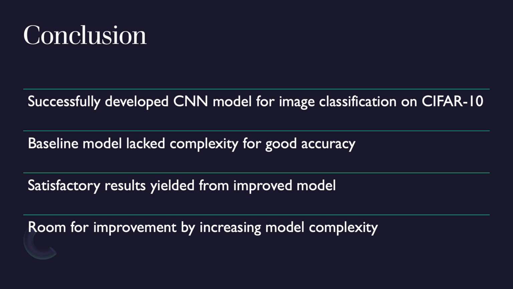So instead of having 2 subsequent layers of convolution and pooling, we can now have 3 and test it out again. It's good to say that there are other models out there like ImageNet and ResNet which perform better than convolutional neural networks. So the final point is there's always room for improvement by increasing the model complexity or by using another model itself.